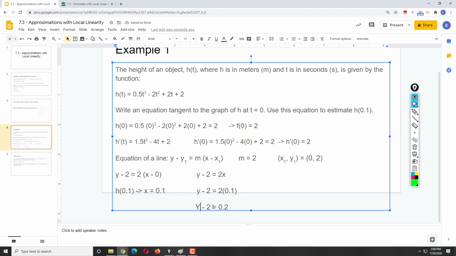Add 2 to both sides and I get y equals 2.2. In other words, our estimate of h of 0.1 is going to be approximately 2.2. That is our approximation. Okay?